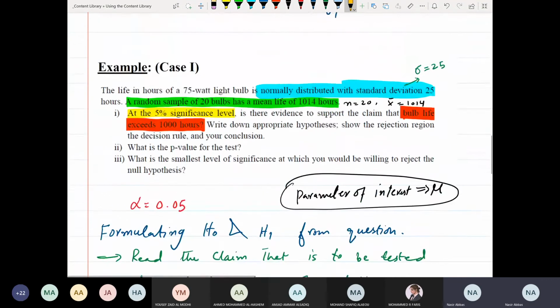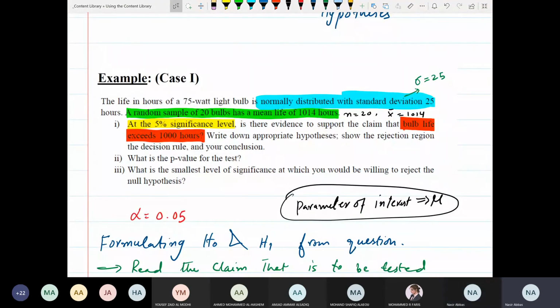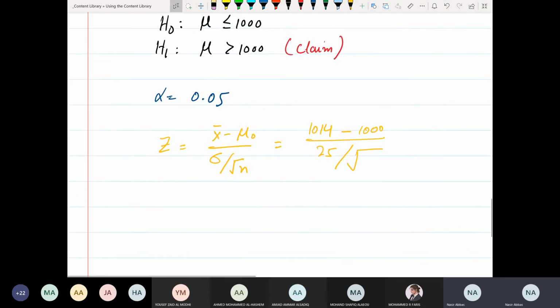What was the sample size? 20. N is 20. So you plug in the values and you will get this test statistic. 1014 minus 1000 over 25 over root 20, what is the final answer? That's it, 2.504. That is your Z.